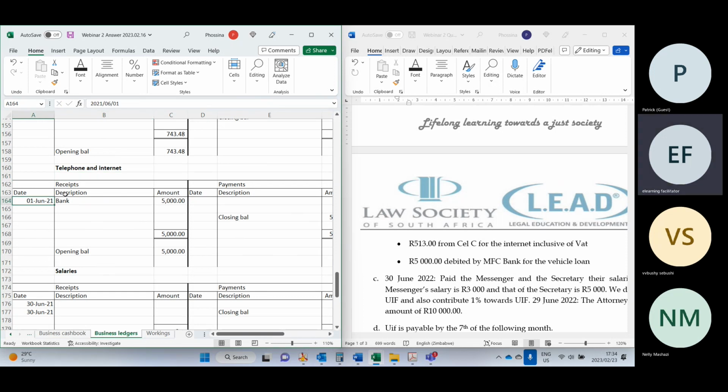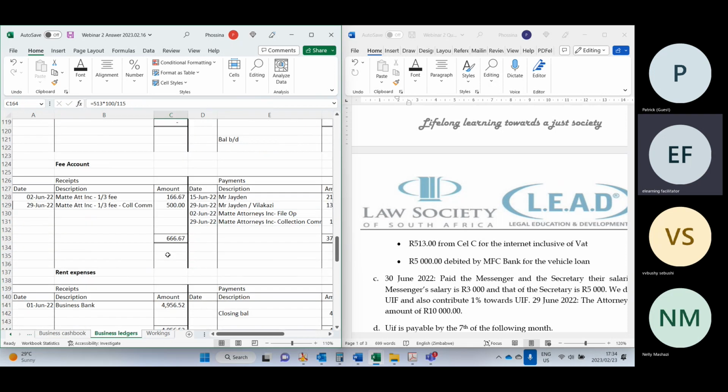And how much is that? 1 June 2022 from our business bank. And then it's 513 multiplied by 100 divided by 115 because it's inclusive of VAT.